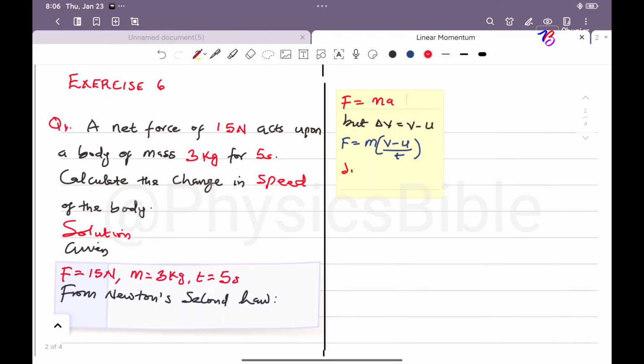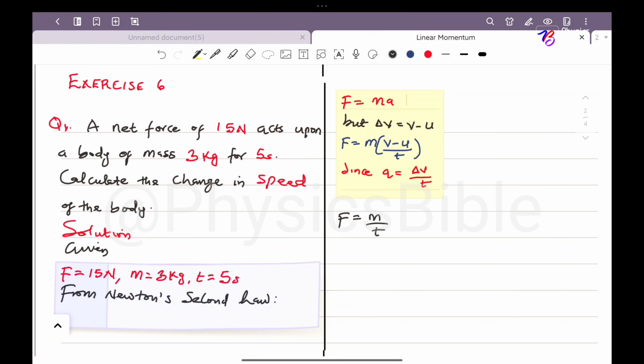Close your bracket. Since acceleration is equal to change in velocity over time, then we can now say that F is equal to m divided by t multiplied by change in velocity. So that change in velocity is equal to Ft divided by m.